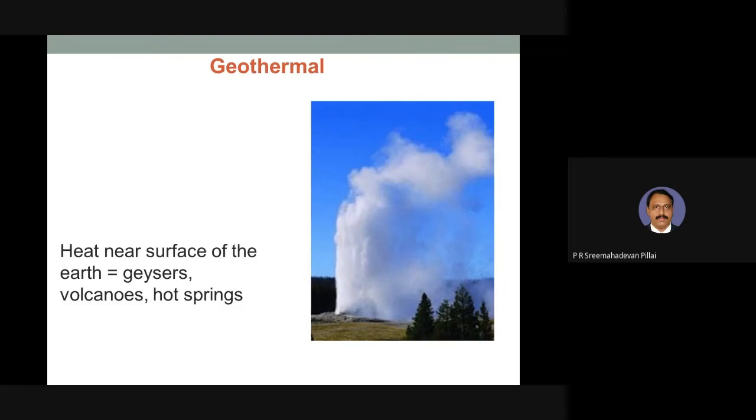Again, steam can be produced. So both ways. There are some natural hot springs which we call geysers. Natural hot springs and volcanoes are there. In Punjab, there are some hot springs. Hot water is coming from the Earth's mantle, the lithosphere. We can utilize it. So geothermal is one such source. We will discuss all these things in great detail later. See the next slide.